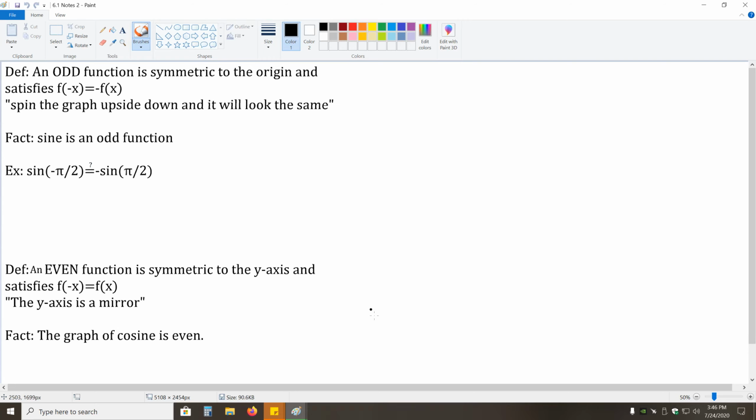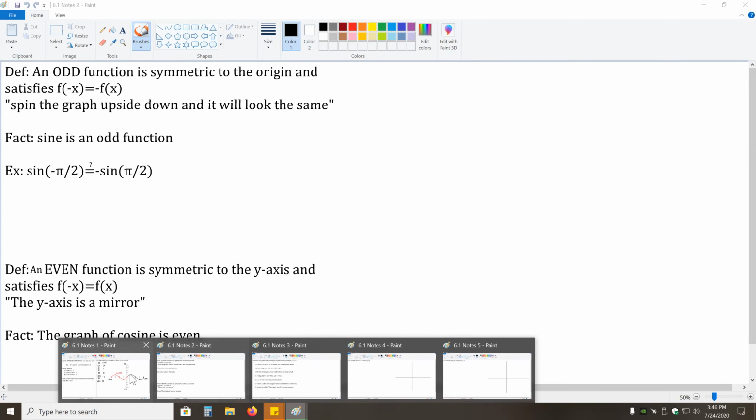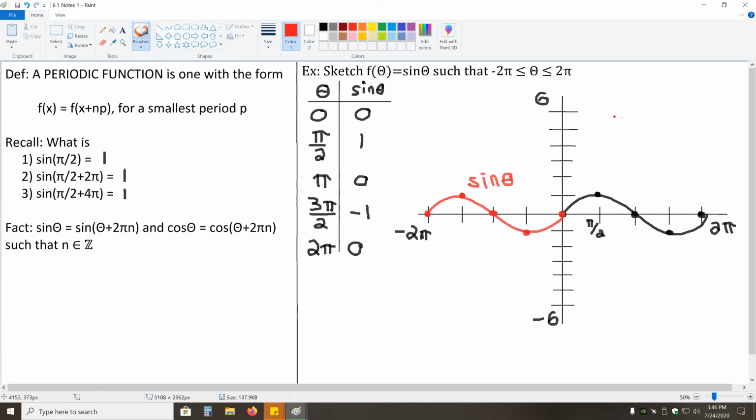So, looking back at this graph, if you were to rotate this graph, meaning if you were to turn your screen upside down, spin it 180 degrees, you would end up getting the exact same shape that you started with. And we may be able to do this actually.